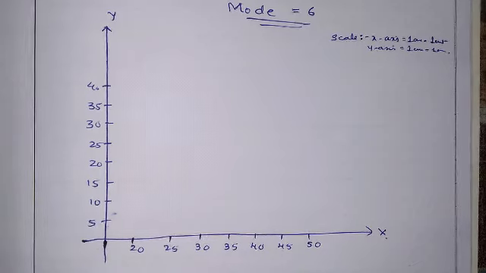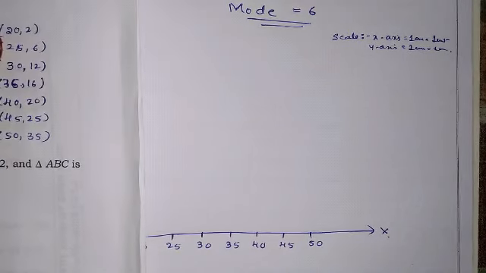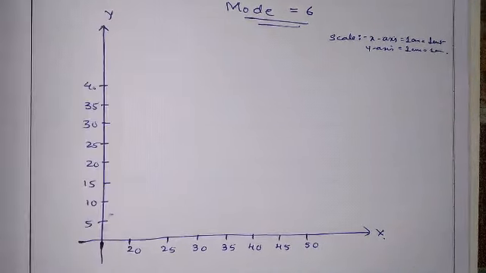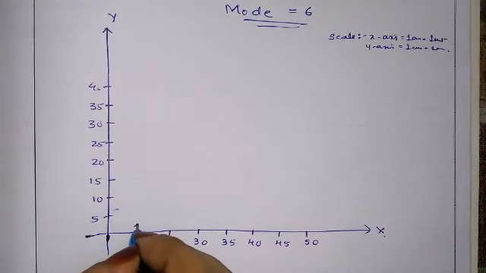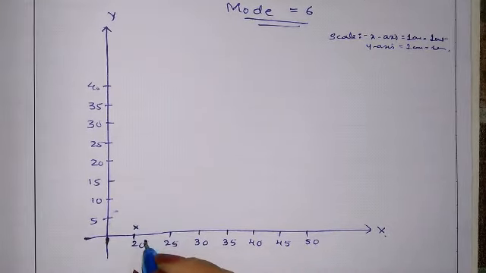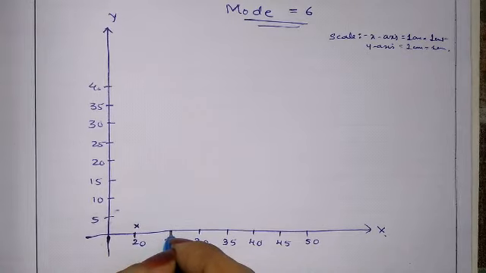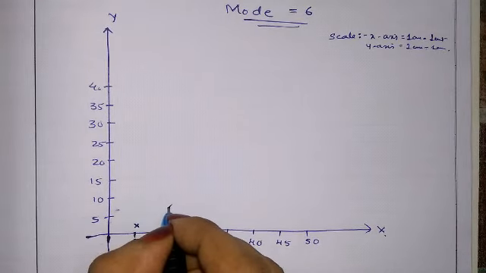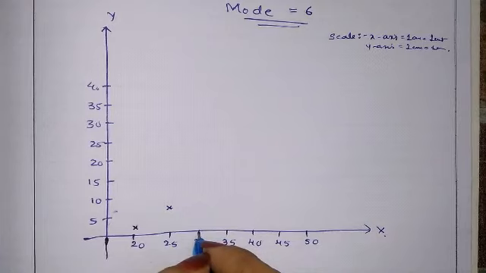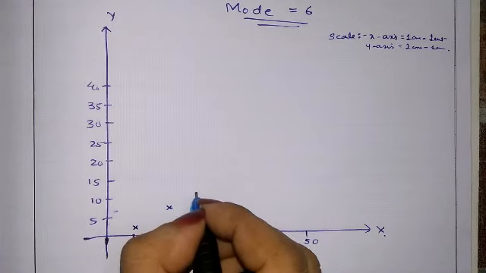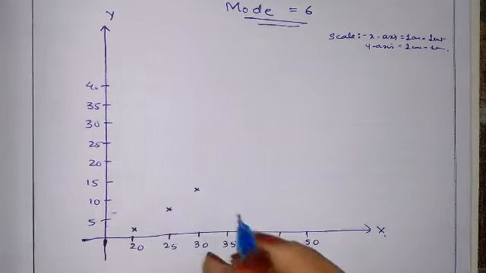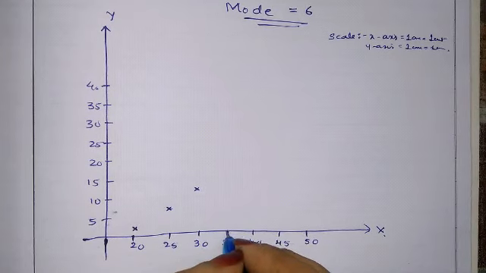Now, here the first point you can see is 20, 2. 22 is here. Okay, you have to write. Then 25, 6, a little above. Then 30, 12, a little above again. Then 35, 16.